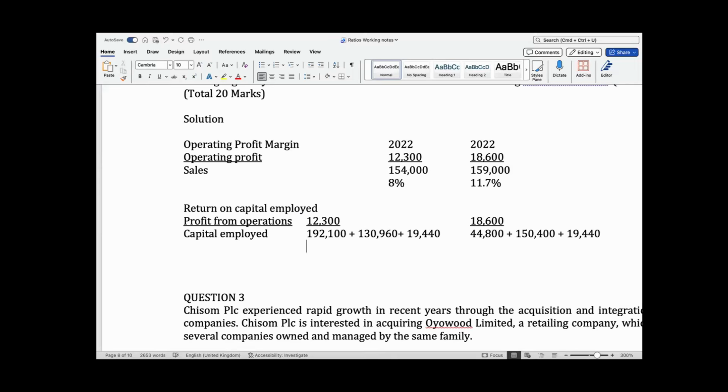Okay, let's get our result. For which year? 2021. No, 2022.